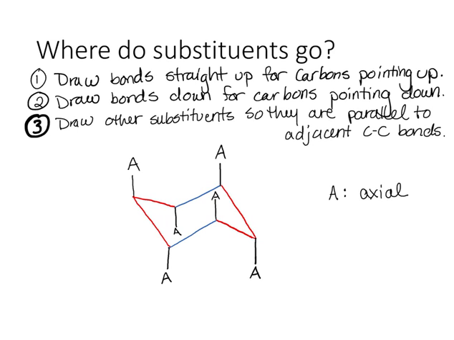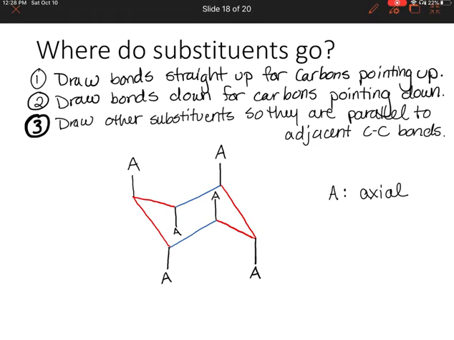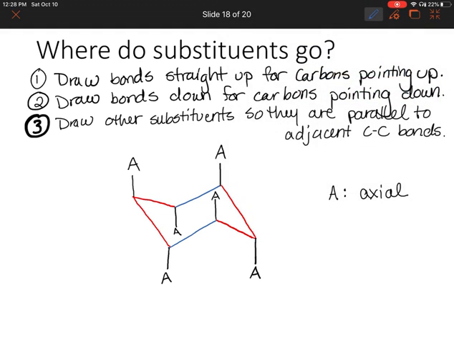Okay, so for instance, let's start on the right-hand side, the bottom carbon. We're going to draw the bond kind of pointing up and at an angle, and that's going to be parallel to this line over here. So that's kind of our adjacent carbon-carbon bond.